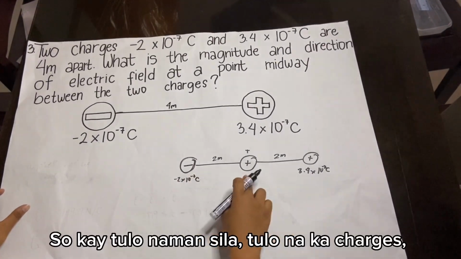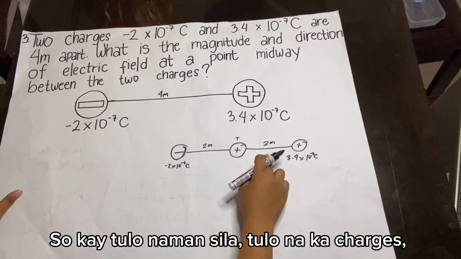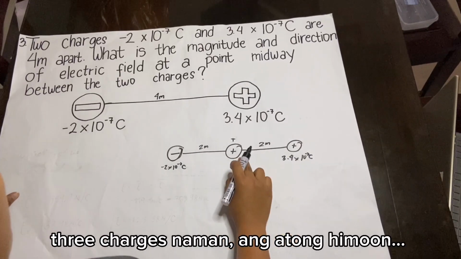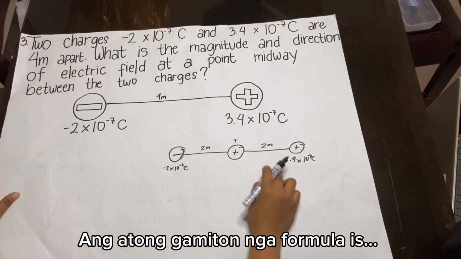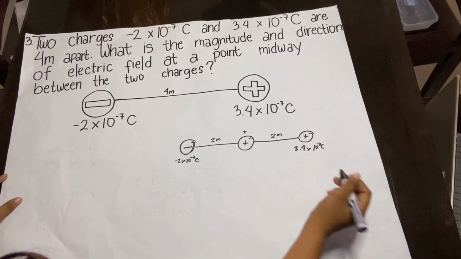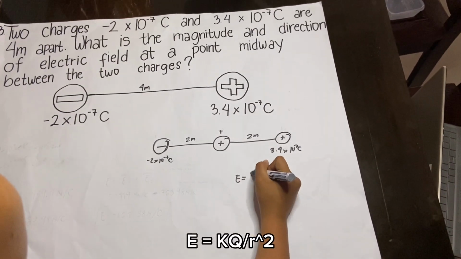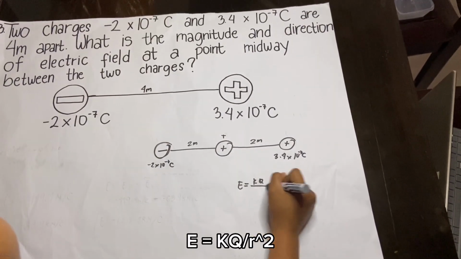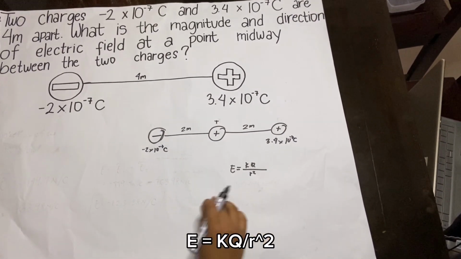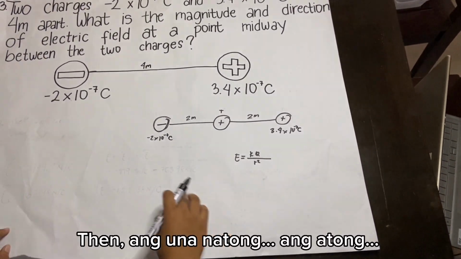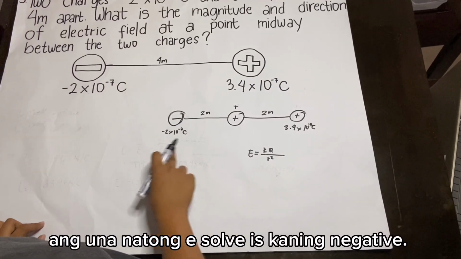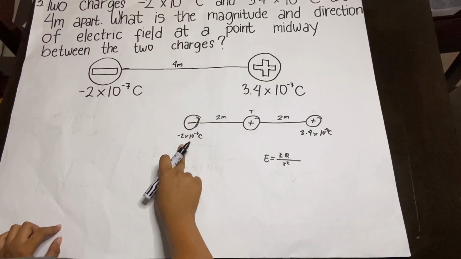Since there are three charges, the formula we will use is E equals K times Q divided by R squared. Then, the first one we solve is the negative one.